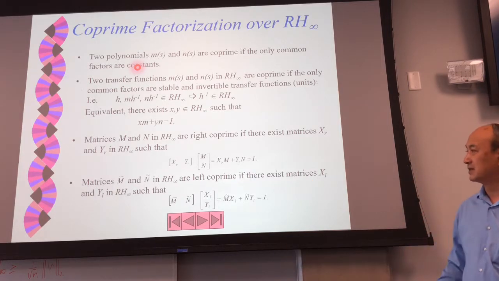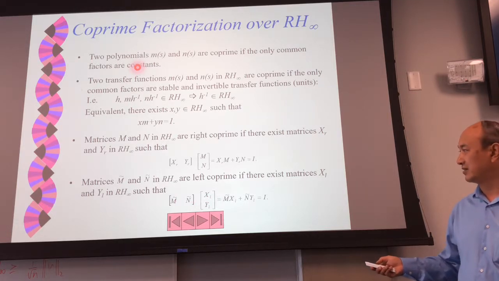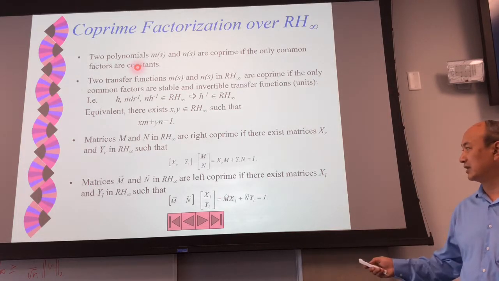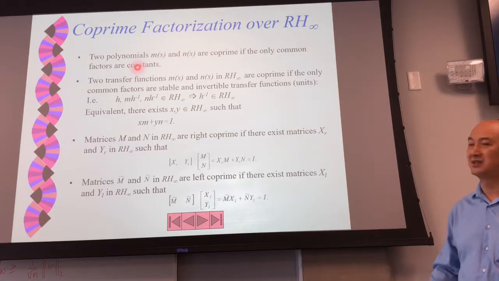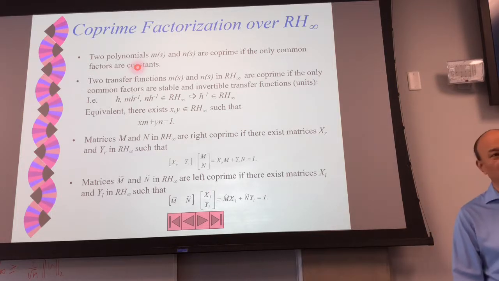You have M and N, XL and YL, so in the left coprime factorization you have this format, and then you write it this way.